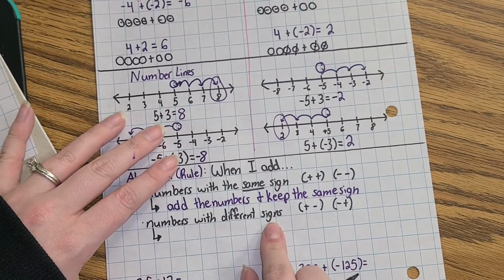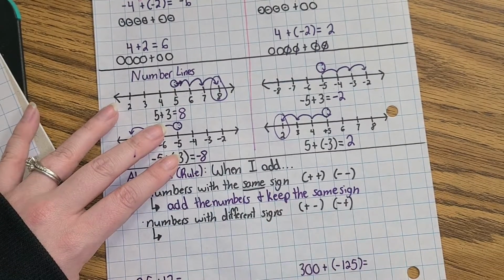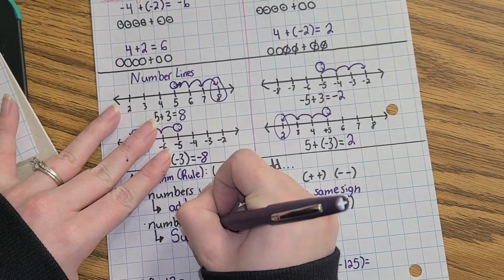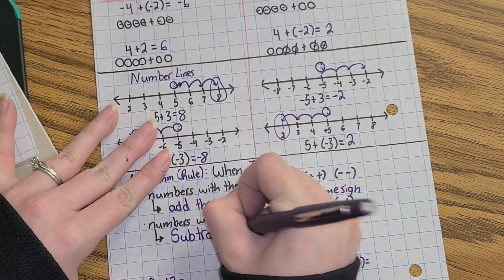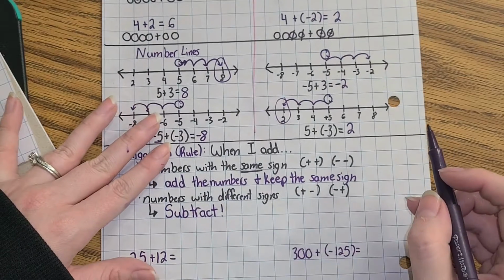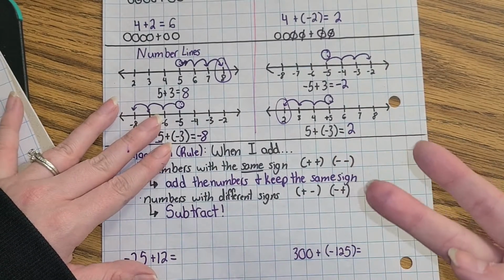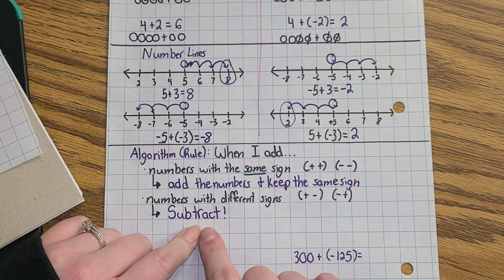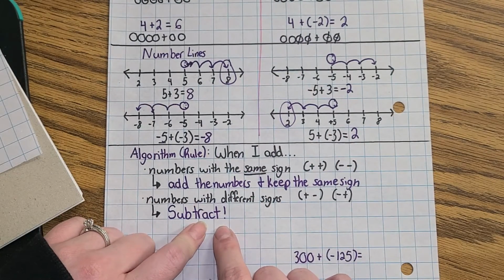So if you have different signs that you're adding, you're actually going to subtract them. Kind of like our whole dividing fractions, we actually did the opposite and multiplied. Here, it's more of a difference of what direction you're moving. So you'll actually subtract, okay?